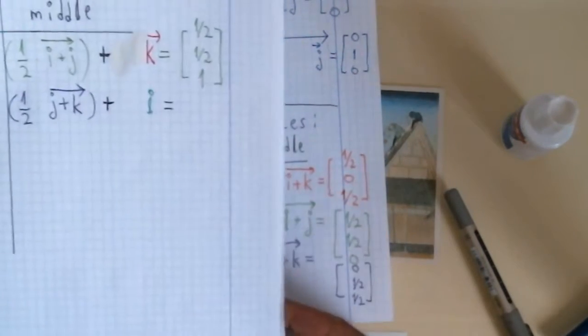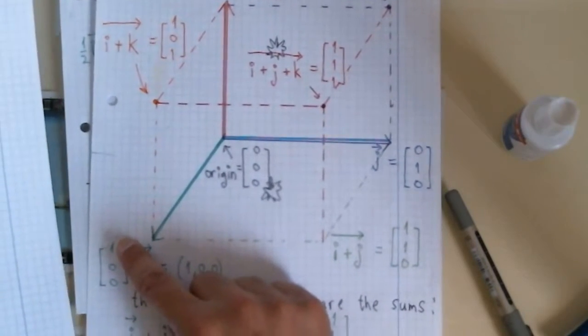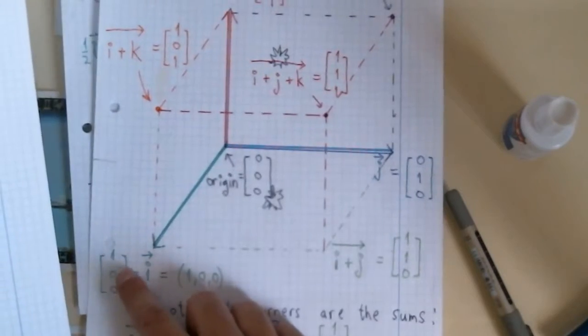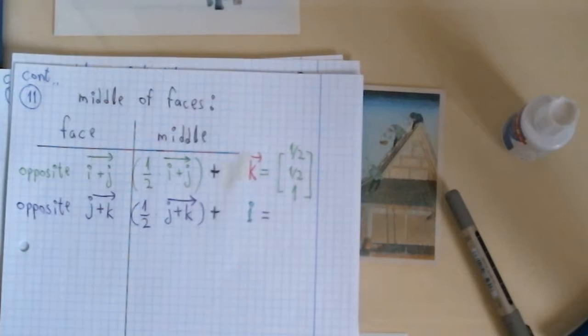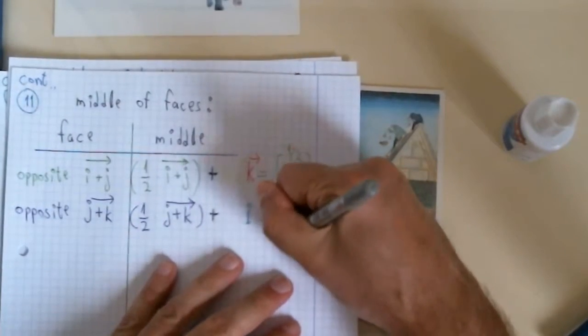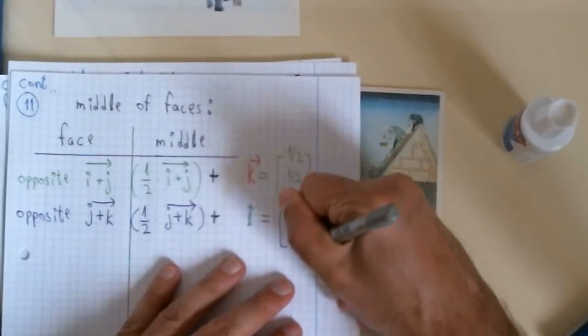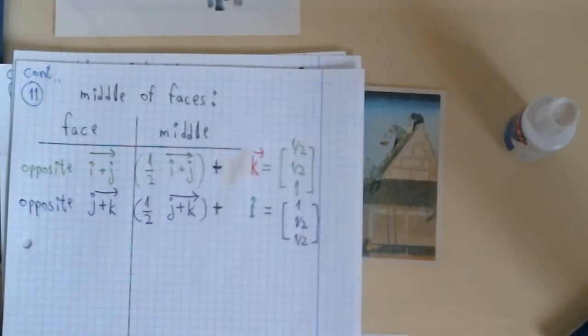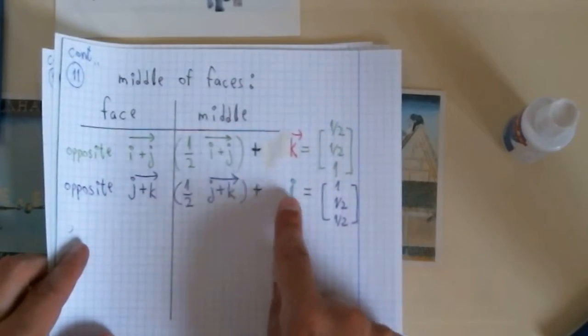If we add a whole i, it gives us the first component to be 1, and doesn't affect the second and third components, so it would be 1, half, and half. Let's make it in purple, just to be consistent. 1, half, and half. This is half j plus k plus i.